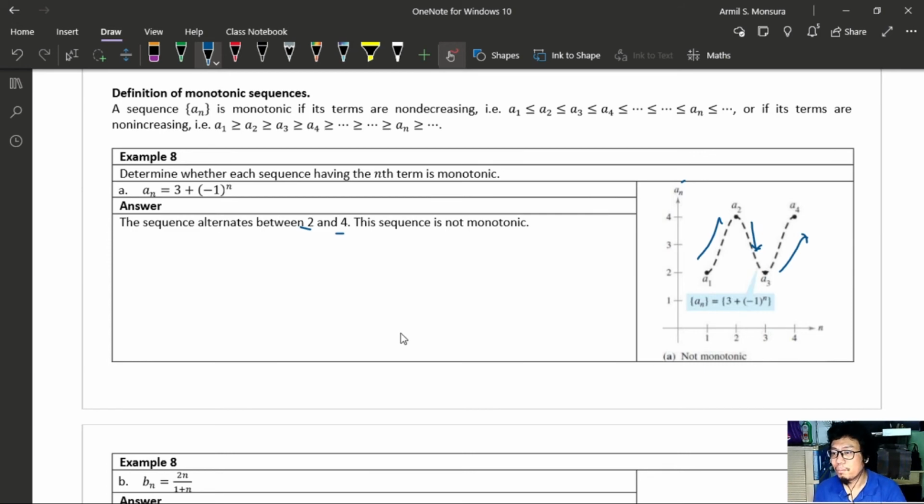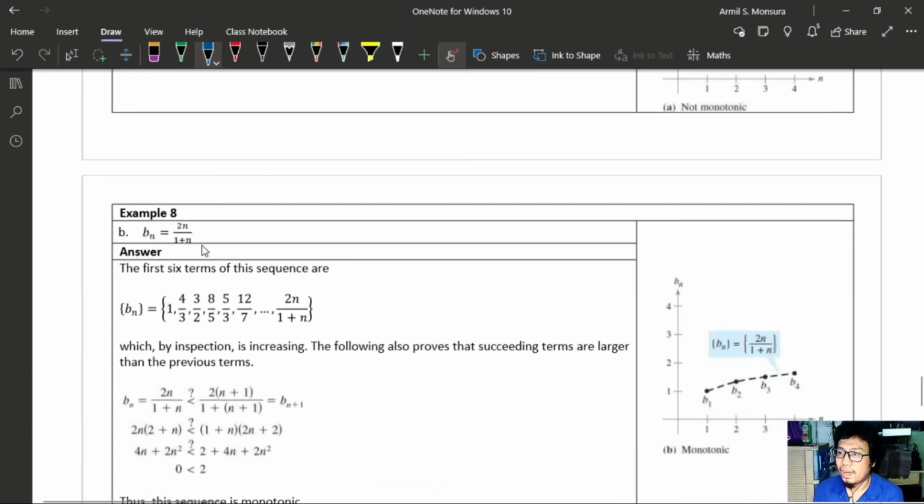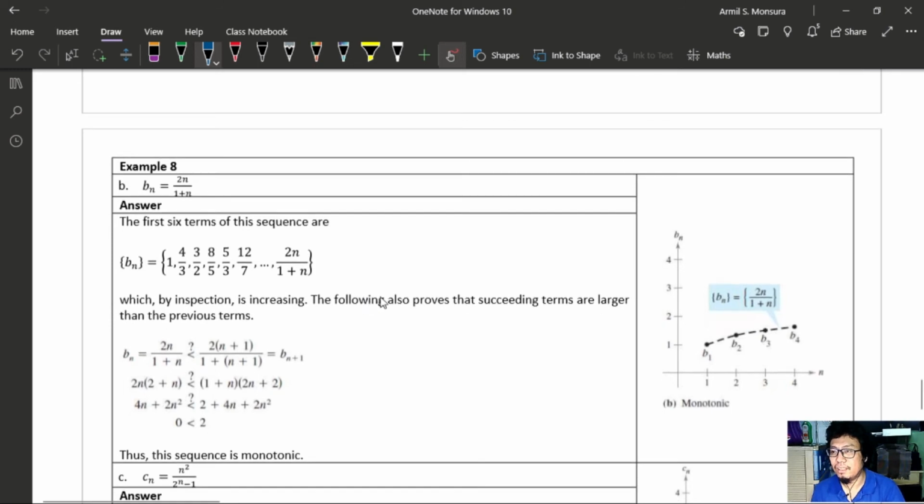Here, bn is 2n over 1 plus n. The first 6 terms are this one. So we find if this sequence is monotonic by trying to know whether the succeeding terms are actually smaller than the previous terms. You can do that numerically by listing the first terms.